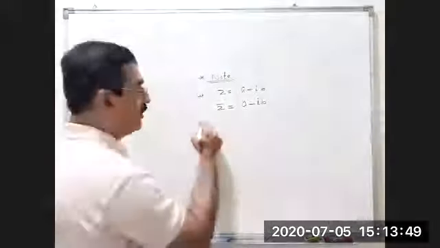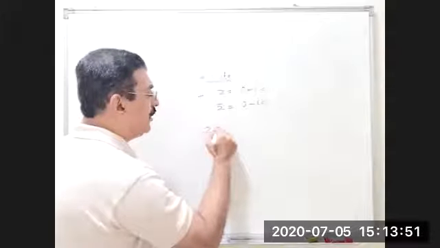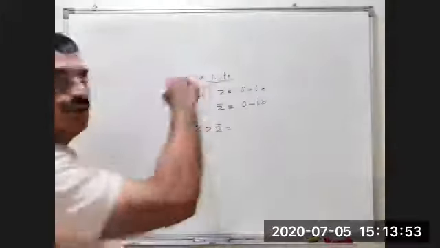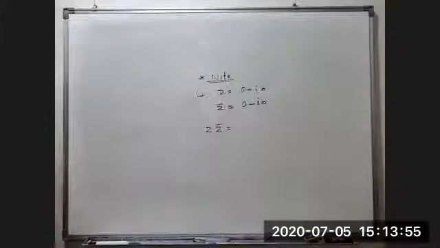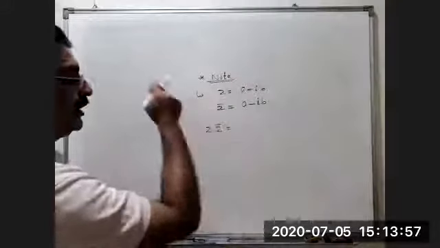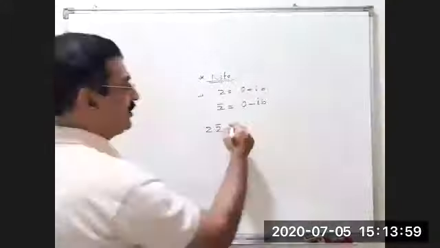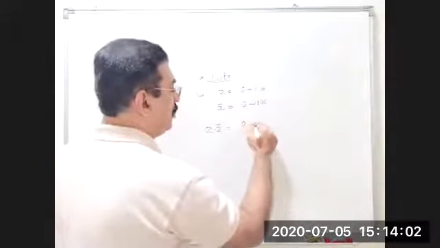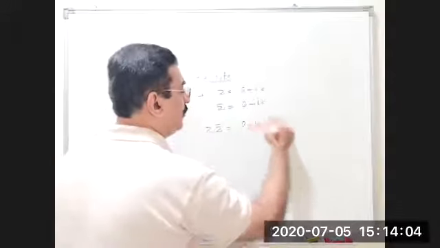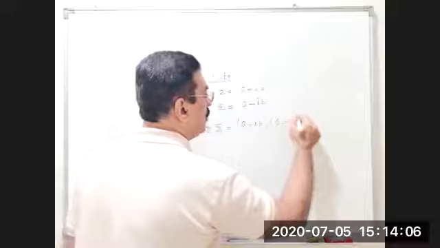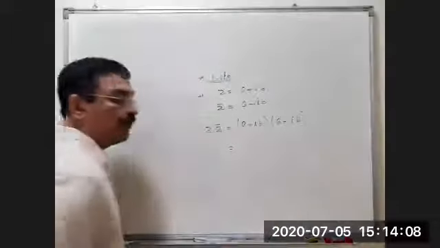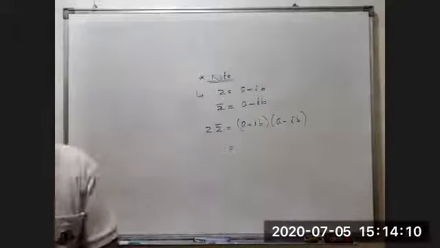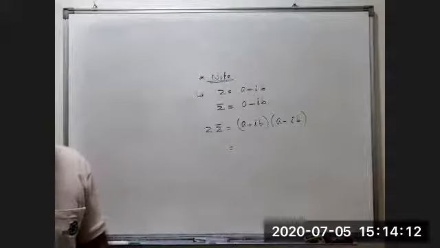Now see what happens if we multiply a complex number with its conjugate. You can observe a plus ib into a minus ib resembles an identity.